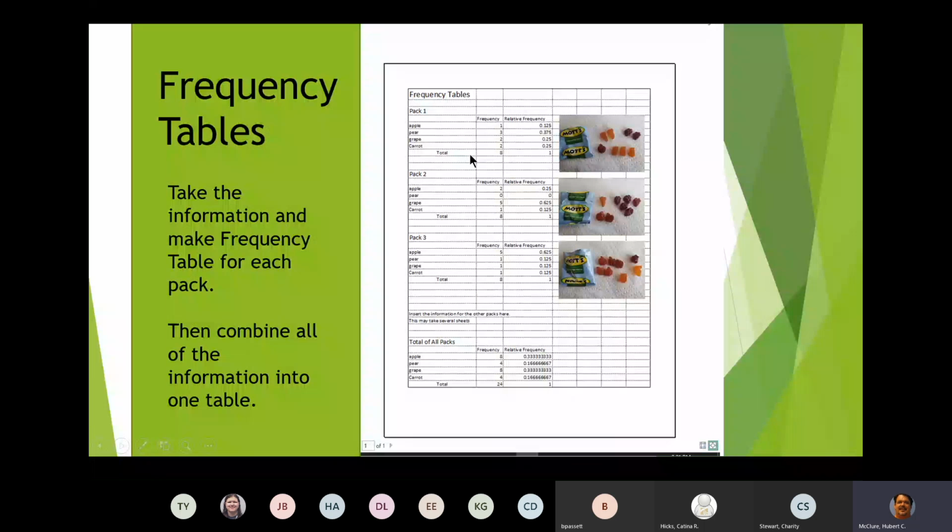Green, yellow, blue, apples, pear, grape, carrot, whatever the flavors are, or whatever the colors are, whatever the shapes are. If you're doing animal crackers, you would do lions, tigers, bears, oh my.